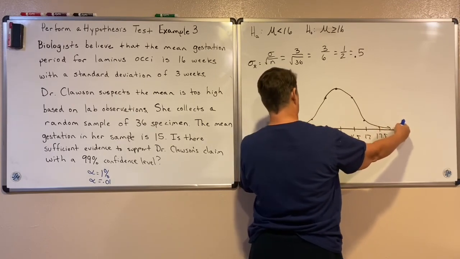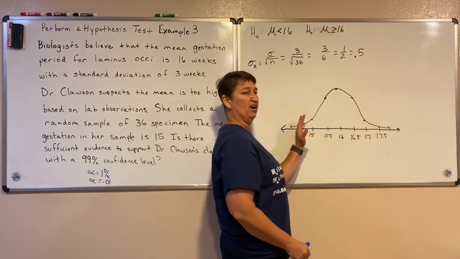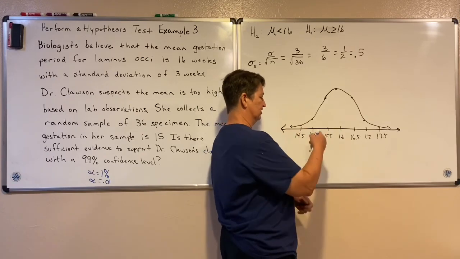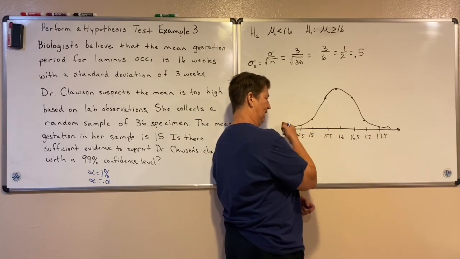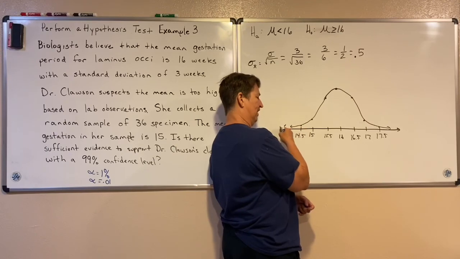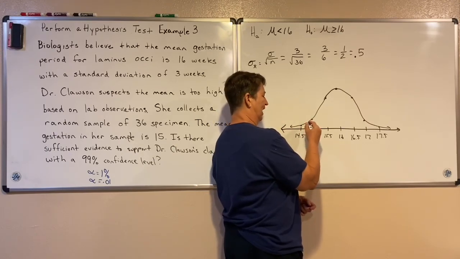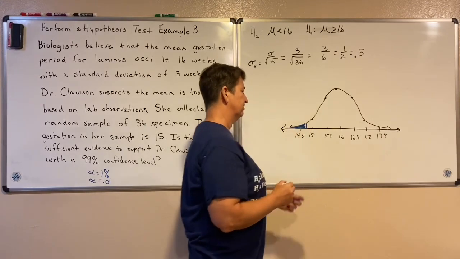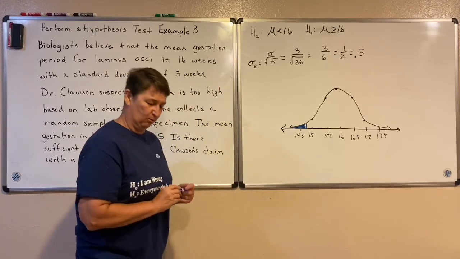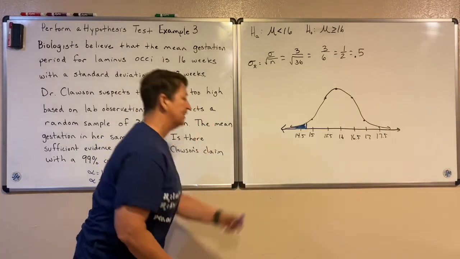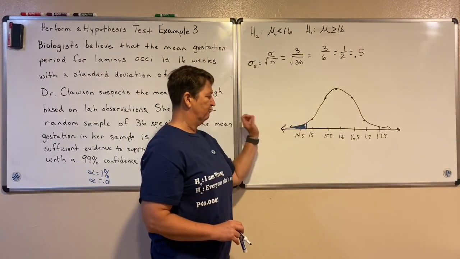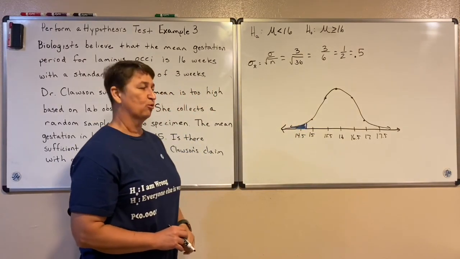So out on those ends is 0.3%. No, it's not out that far, because this would be 0.15. So my rejection region is somewhere in between 2.5% and 0.15%. I'd have to look on my z-score chart or on a z-score calculator to guarantee it, but my rejection region is going to be somewhere on that left-hand side. I'm doing a left-hand test, and that 1% of my data would fall somewhere out there.